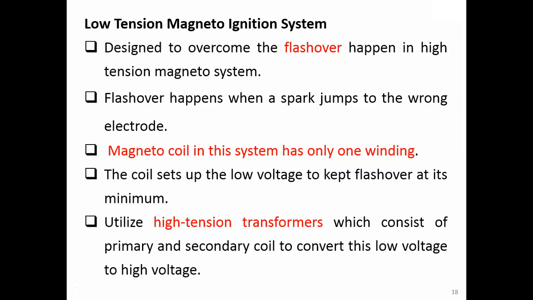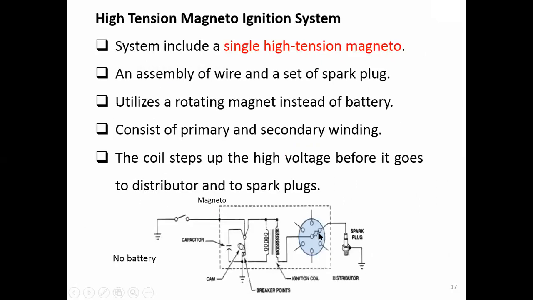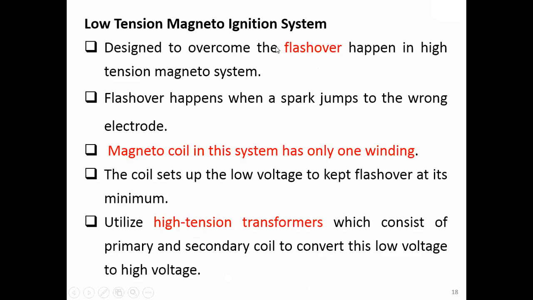What is the flashover? When the rotor moves from one contact point to another contact point, it may have a flash come over because of the high voltage that's still left over here. So we want to avoid that. And if the flashover happens, we may have a spark that jumps to the long electrode or the long spark plug.